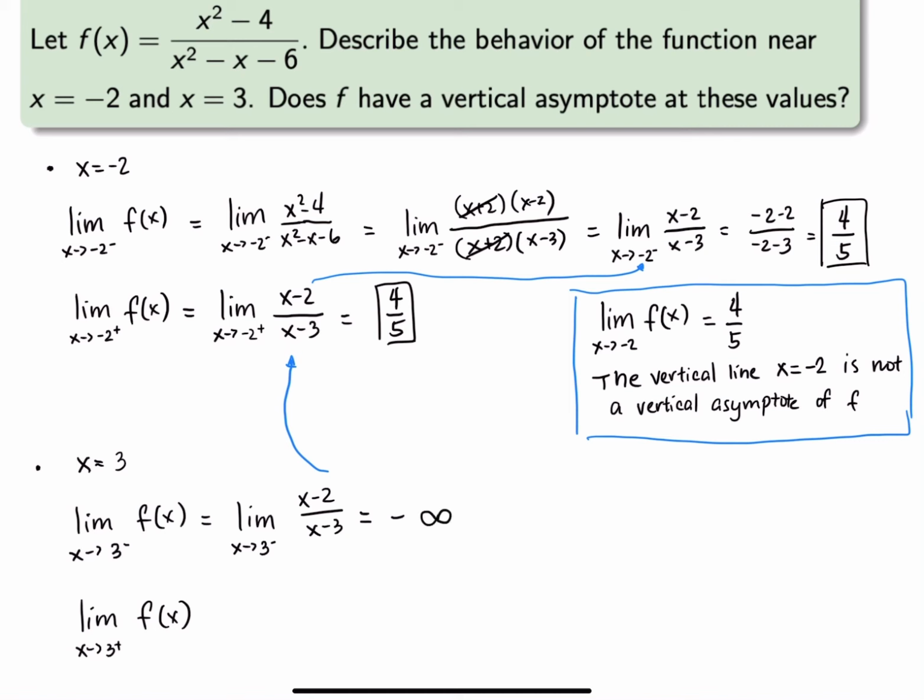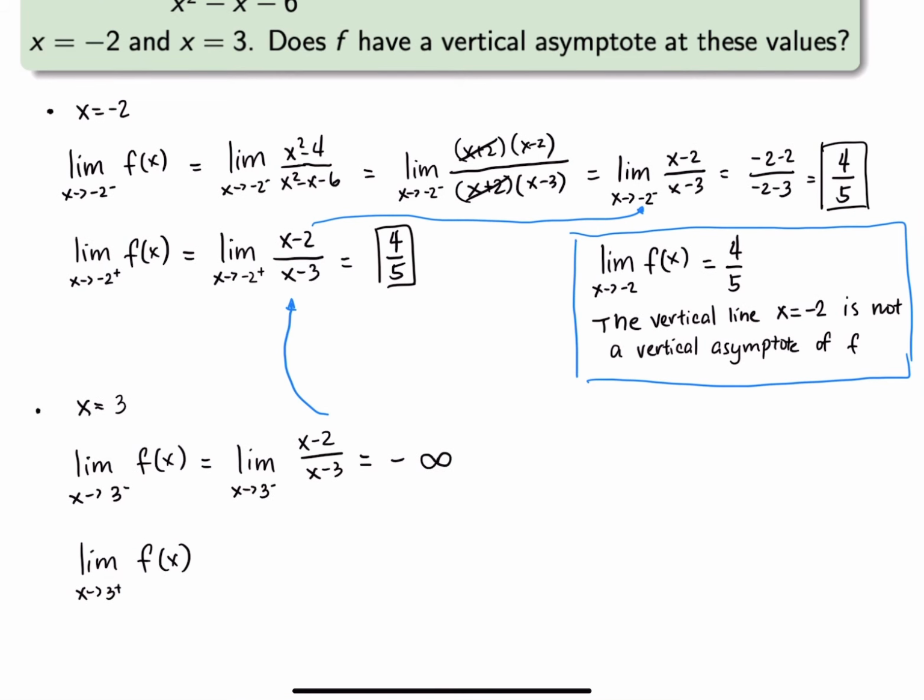Alright, so as x approaches 3 from the left, the numerator approaches 1 and the denominator is negative and approaches 0. So the fraction is negative and decreases without bound, and so it's negative infinity. For the limit of f of x as x approaches 3 from the right, this is equal to the limit of x minus 2 all over x minus 3 as x approaches 3 from the right.